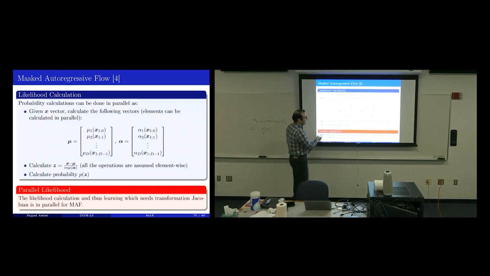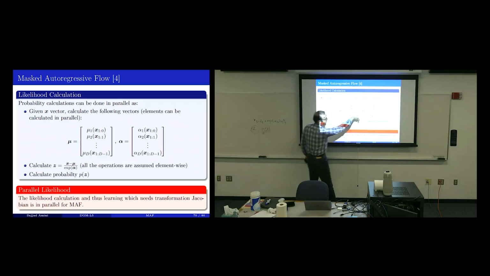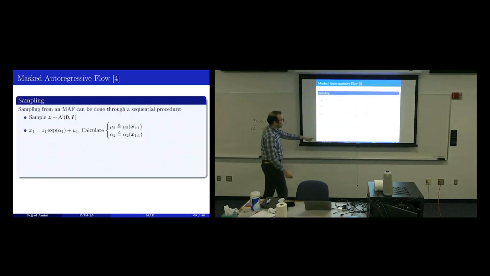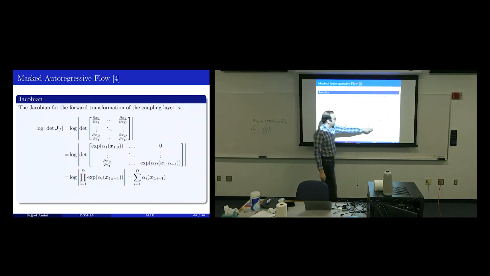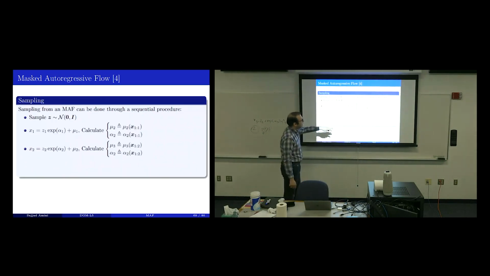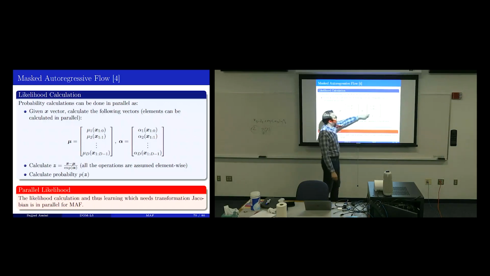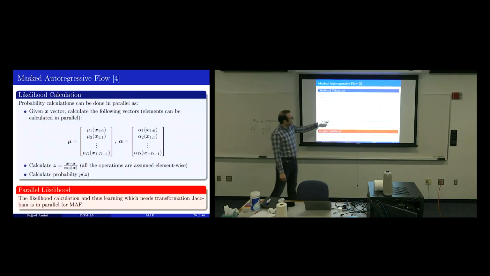When I have z, I can calculate p of z, but pay attention that this is just p of z. You also have a normalization factor that is a function of this vector. This normalization factor can also be calculated easily. So you can easily calculate the probability of a data x.